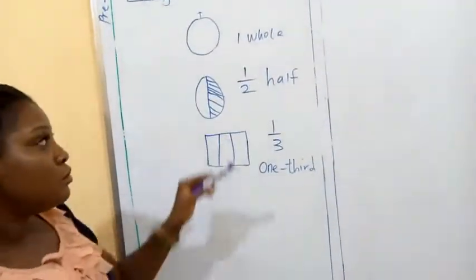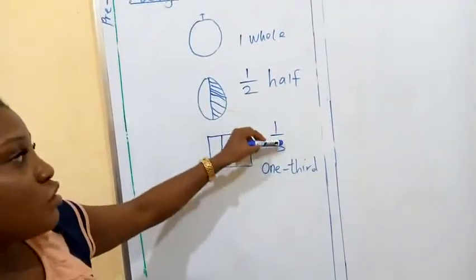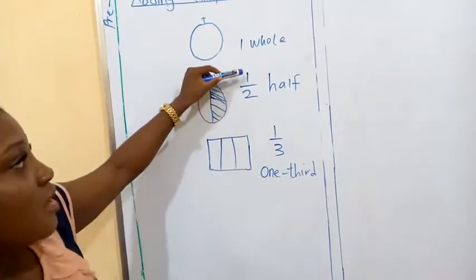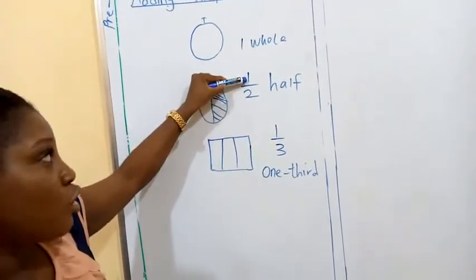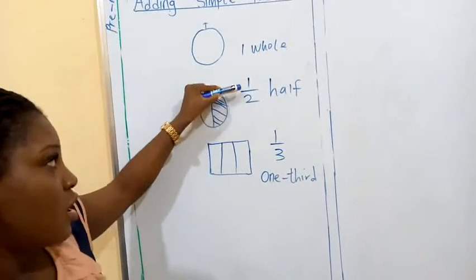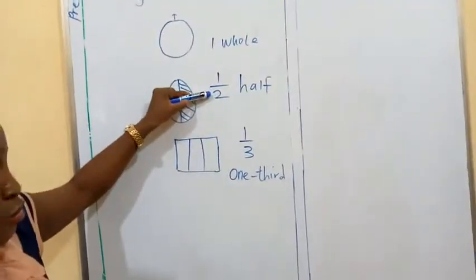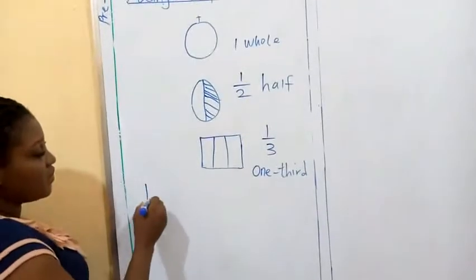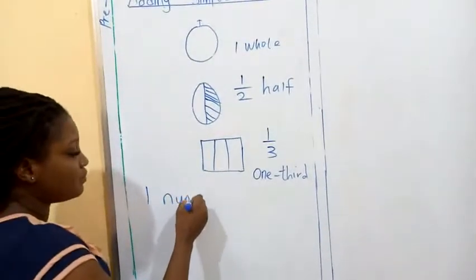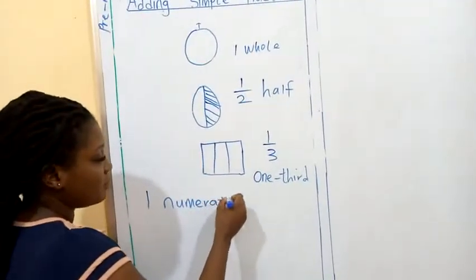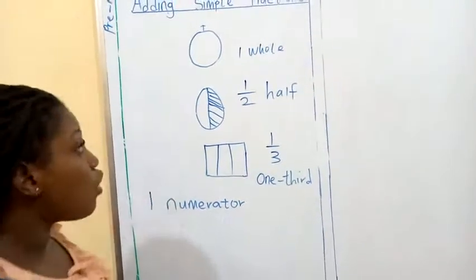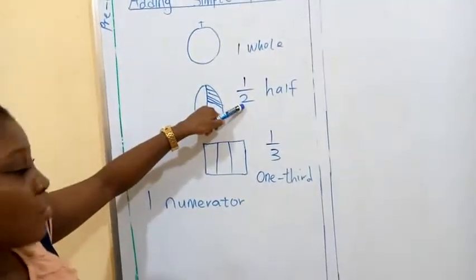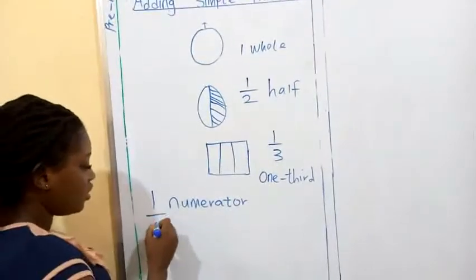So now, look at these fractions written on the board. This number up, what number is up? Is 1. And what number is down? 2. The number up is called what? The numerator. And what number was down? 2. How do we call the number down?